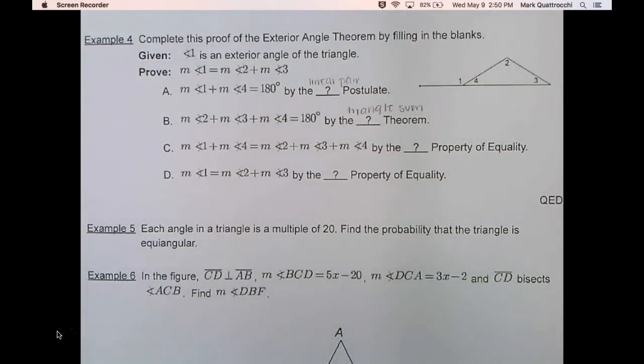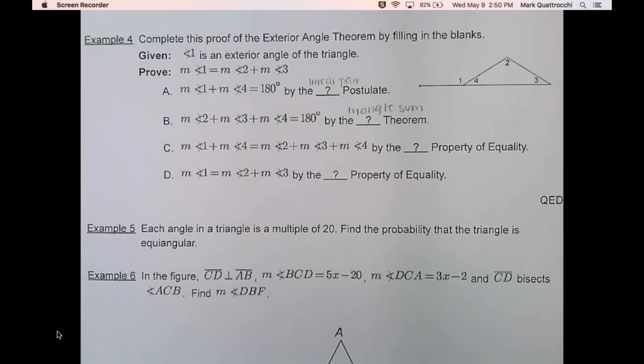And this theorem states that these three angles of the triangle equal 180 degrees. And that shows it right here, angles 2, 3, and 4.